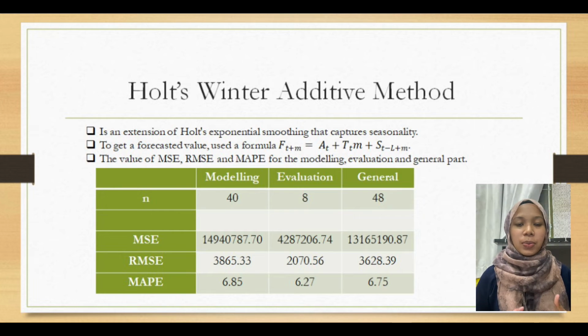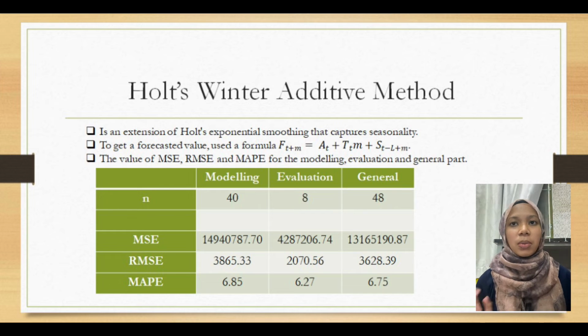Then the Holt-Winters additive method is an extension of Holt's exponential smoothing that captures seasonality, and we use the formula to get the forecasted value, which is F(t+m) equals At plus Tt times m plus S(t minus L plus m).